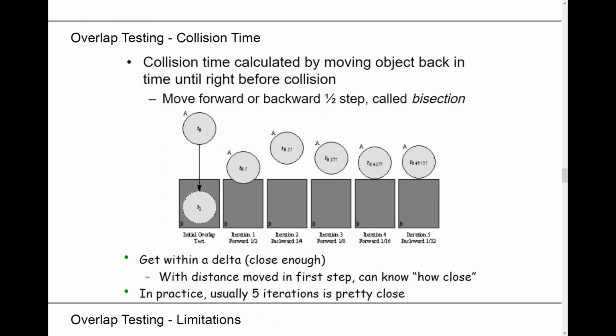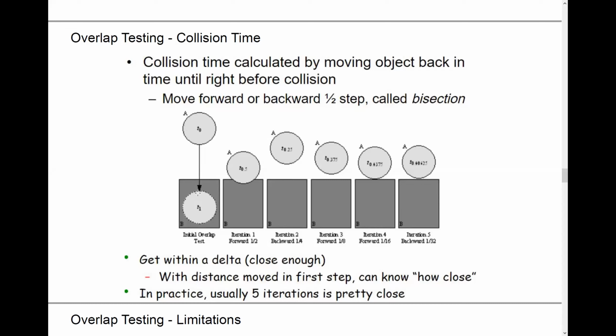Now let's look at the collision time when it comes to overlap testing. This is calculated by moving objects back in time until right before the collision. Okay, so let's look at this diagram and see what happens.